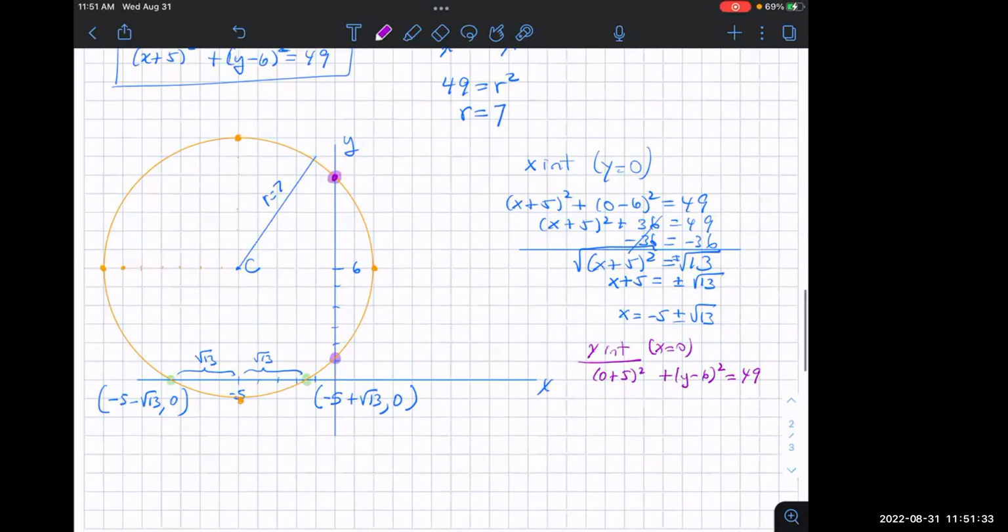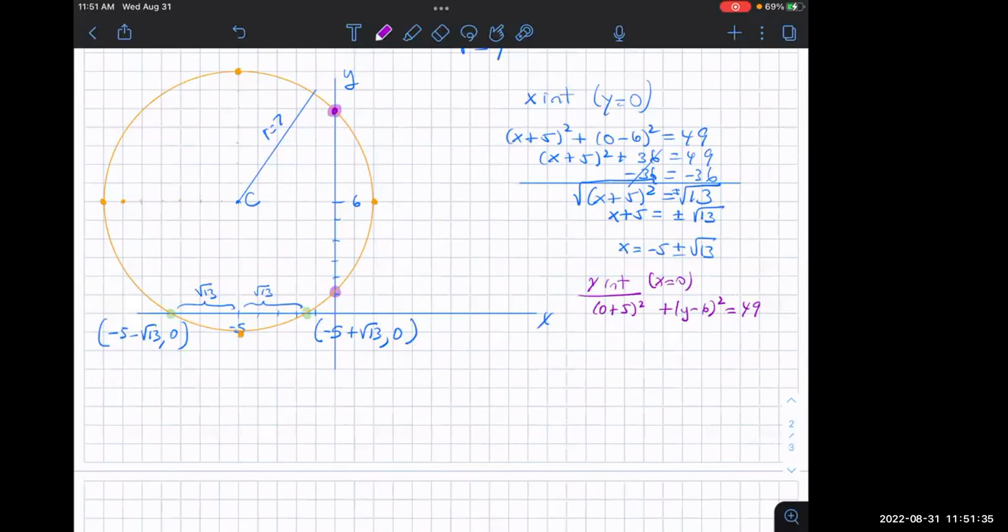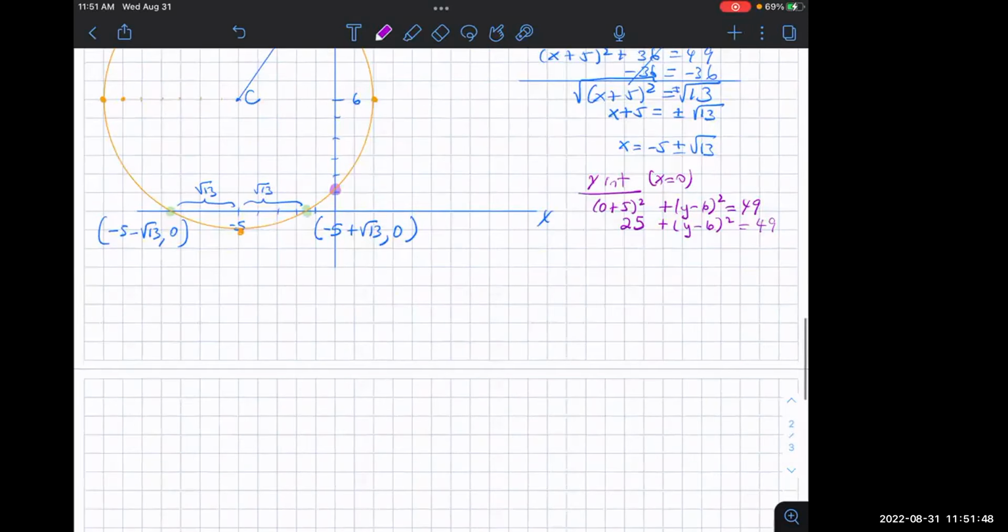Okay, so let's continue. 0 plus 5 is 5. So then I get 25 here plus (y minus 6) squared equals 49. Keep on isolating the variable. Subtract 25 from both sides.